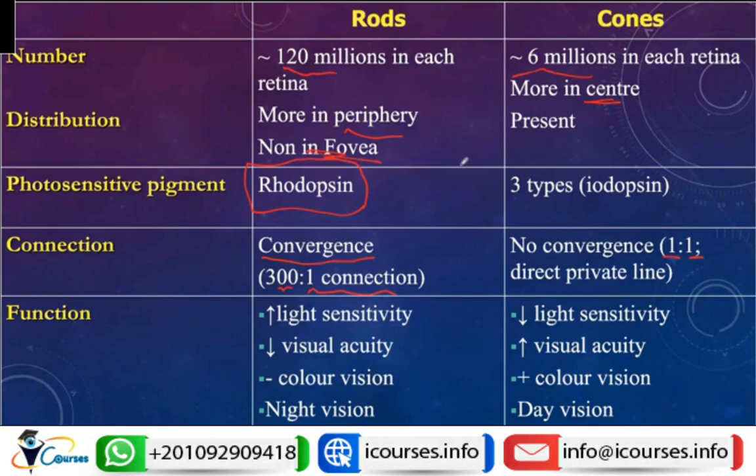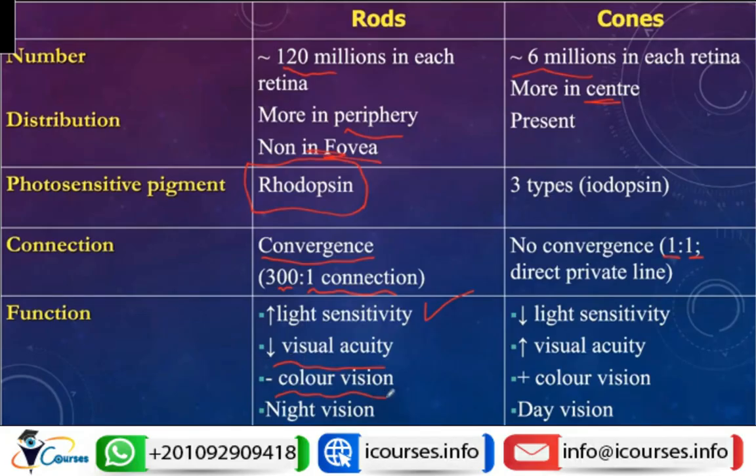So what are the functions of rods? They are more sensitive, so they work during dim vision or dim illumination, as they are very light sensitive. Once there is a light, they will be able to see it. But on the other hand, they have poor visual acuity.